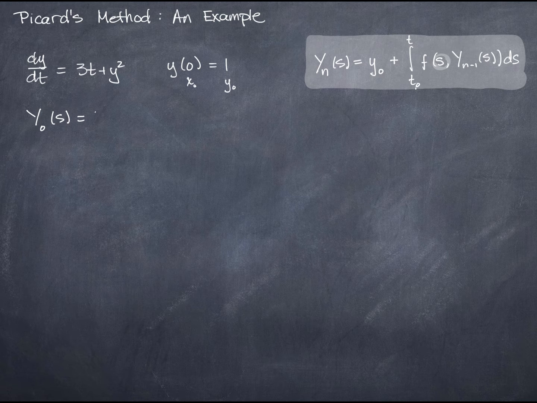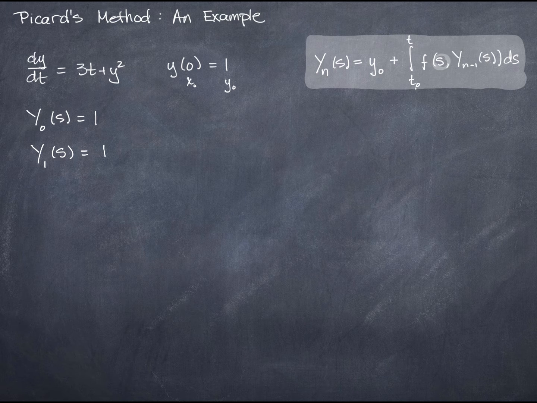It's still a constant, so it's not hard to substitute. The integration part, we'll see how difficult that is, but that's my first guess. y naught equals 1, my 0th guess.